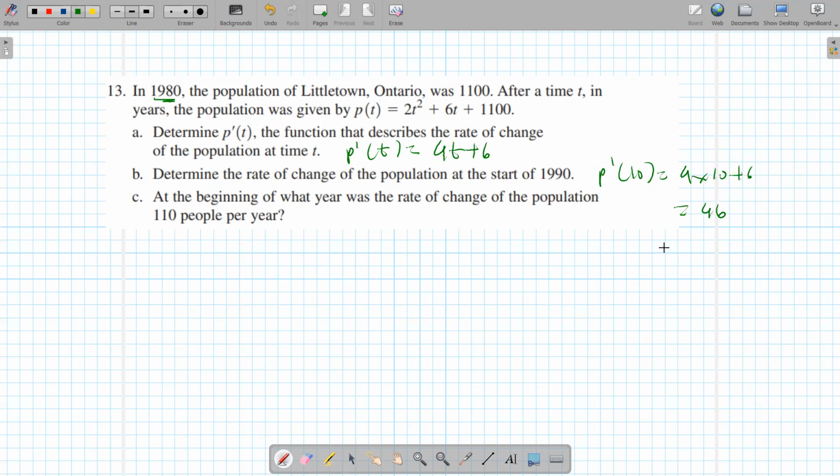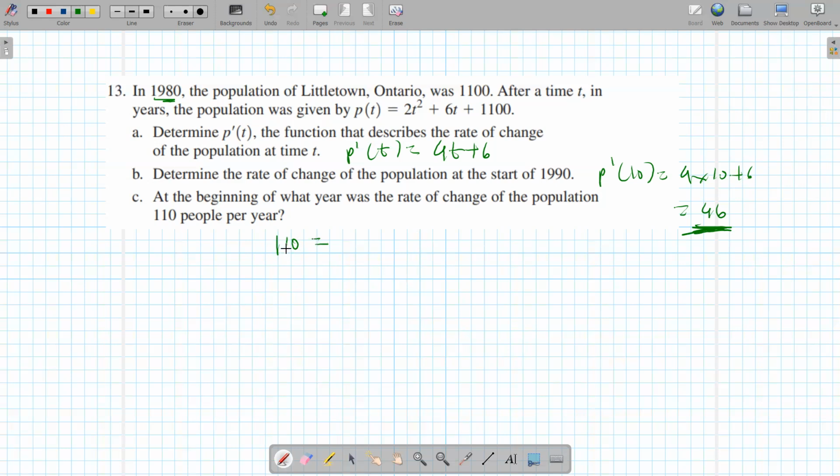At the beginning of what year was the rate of change of population 110 people per year? So now they've given us the slope, right? They've given us this value, the rate of change. So that's 110. And they're asking you for the time.